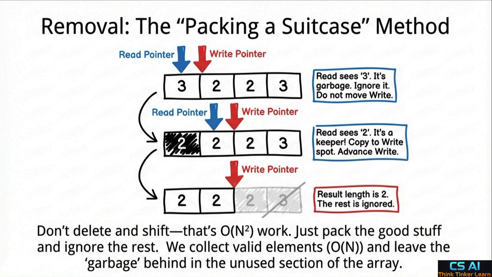Next, the read pointer sees a 2, that's a keeper. We copy it to the right spot and advance the write pointer. At the end of the pass, all our good stuff is packed tightly at the front of the array. We don't care what's left at the end. We just return the new length. We have collected our valid elements in a single O(n) pass and left the garbage behind in the unused section of the array. No extra memory, no redundant shifting.